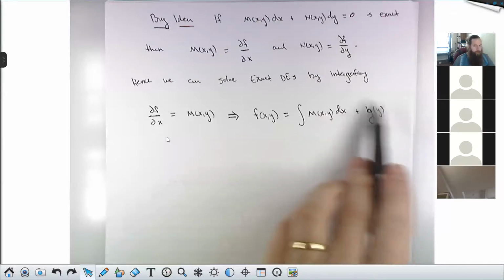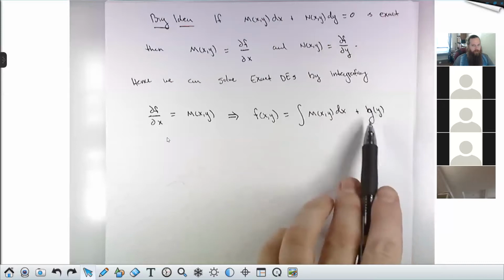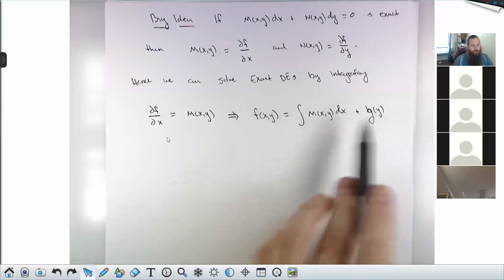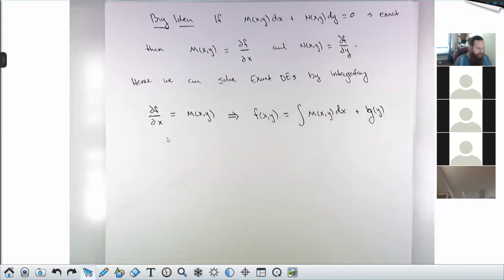So again, this is replacing your constant of integration because your function is a function of both x and y, but you're integrating just with respect to x to undo this partial derivative. This integral is not hard generally, but you need to be able to find this function. So after you do that, you're going to roll through this with your dy derivative and then set the whole thing equal to your n function.